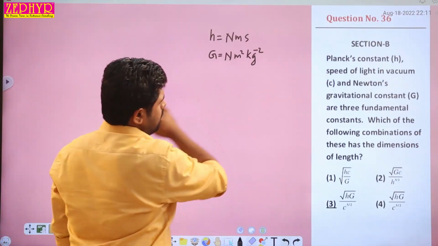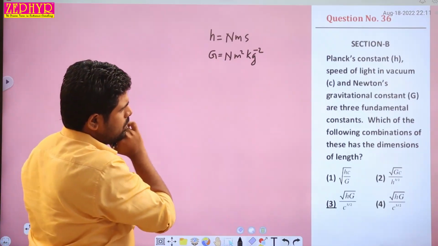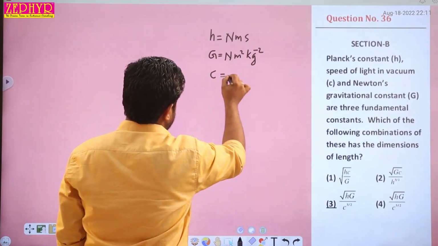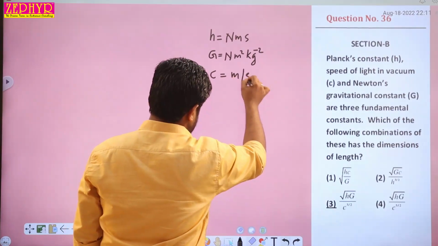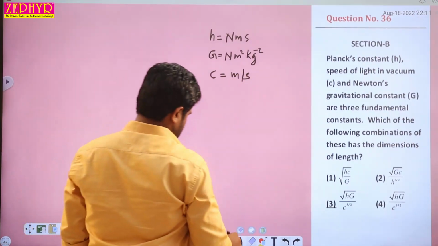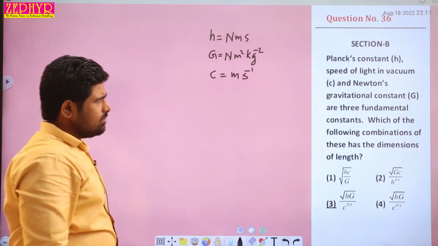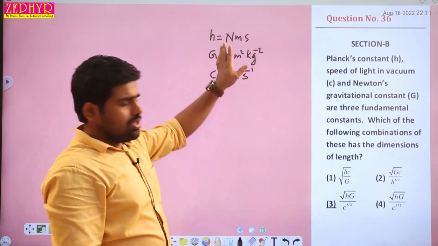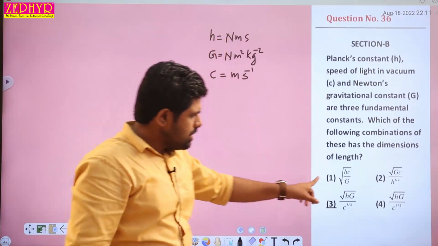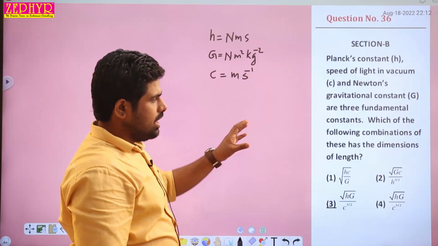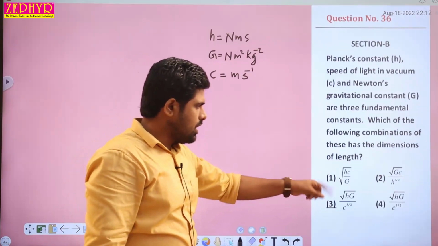And the last one, speed of light, is c, and its unit is meter per second, or meter second raised to -1. So you substitute these in each option and calculate the final unit of the equation.